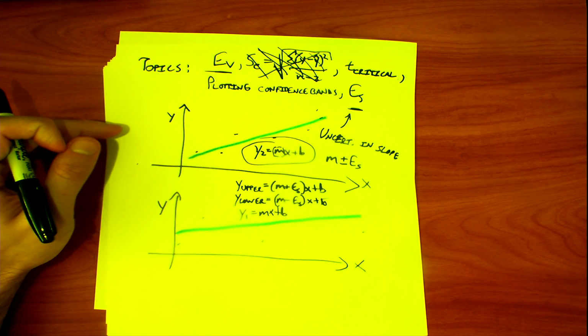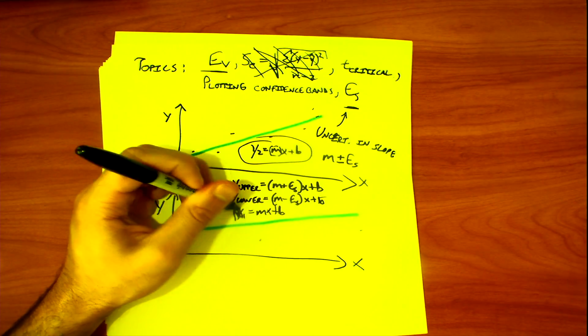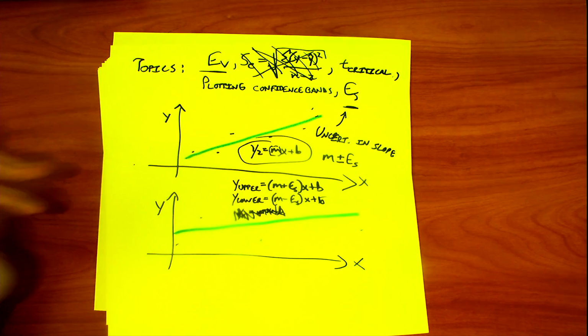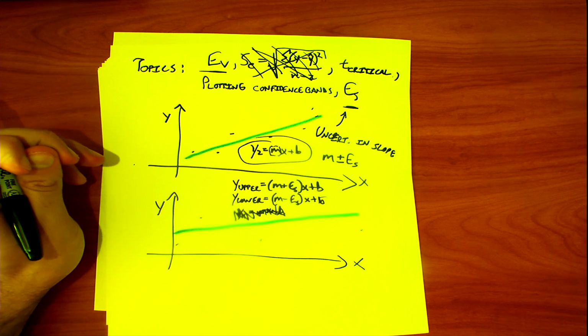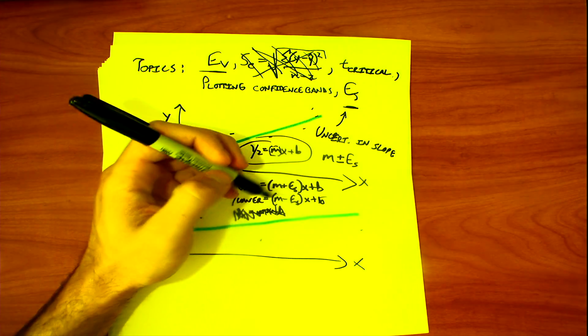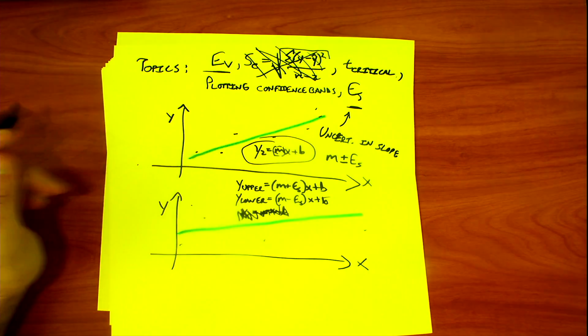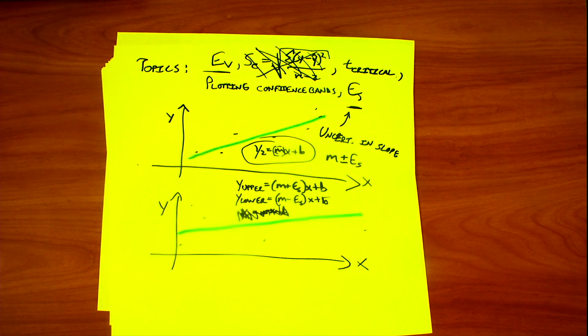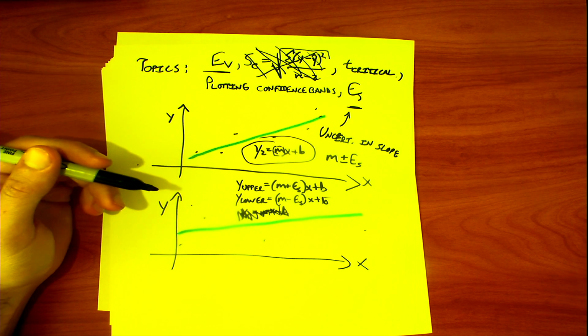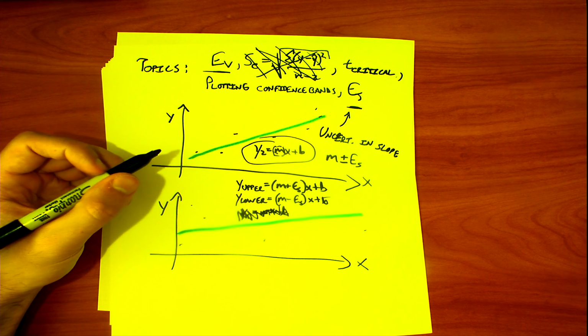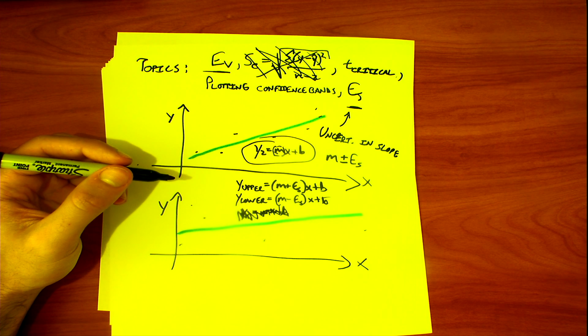Does that make sense, everyone? That's the idea behind uncertainty in slope. The value m that you compute might be as high as m plus ES or as low as m minus ES. You just don't know where it is. All right, cool, so that's what ES is.